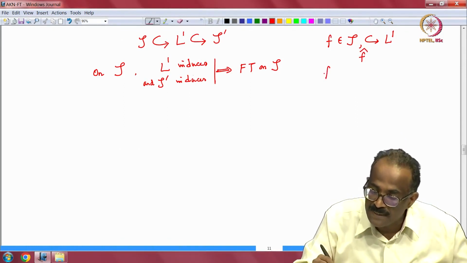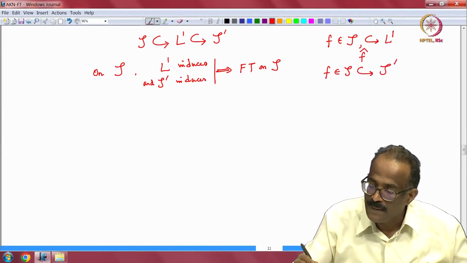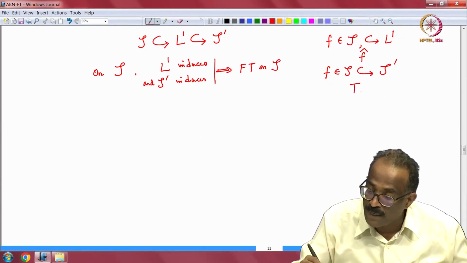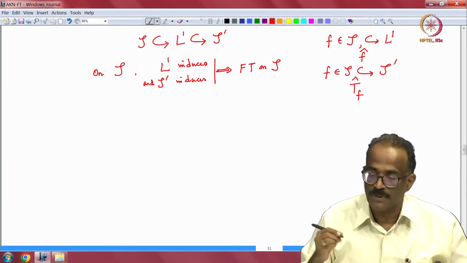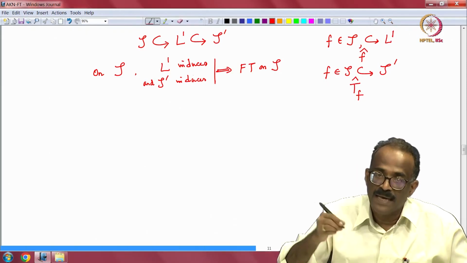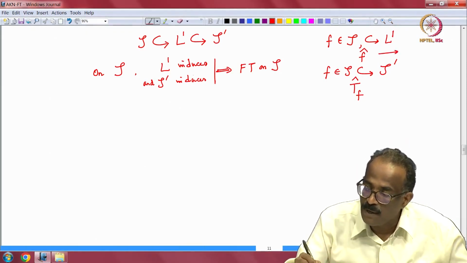Also, f is in zeta prime, so that gives you the Fourier transform given by the distribution: you treat f as Tf, and its Fourier transform gives you T f hat.